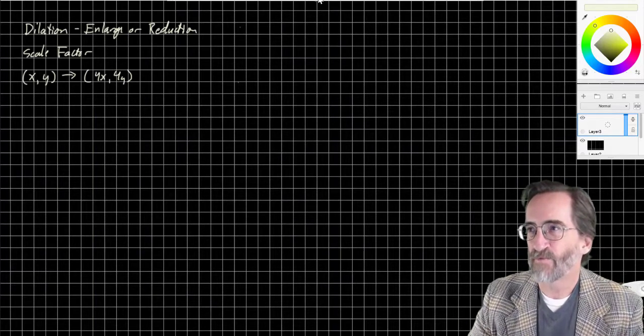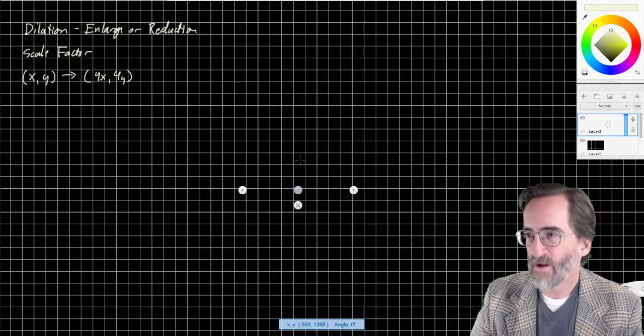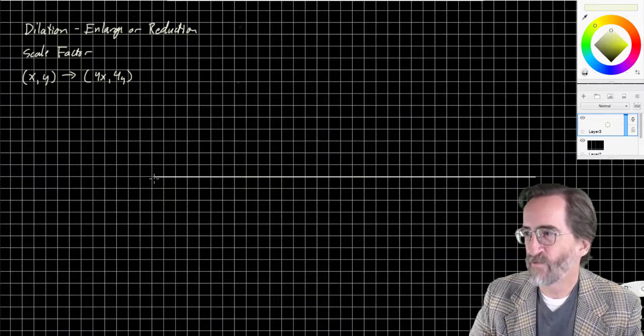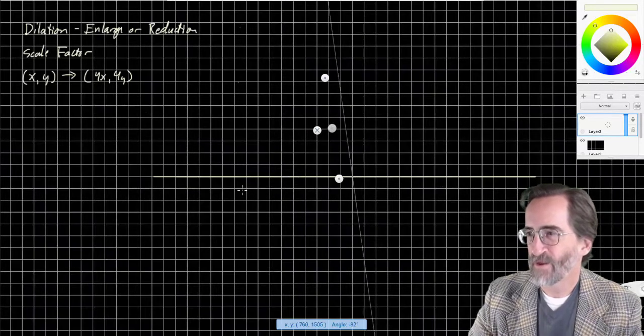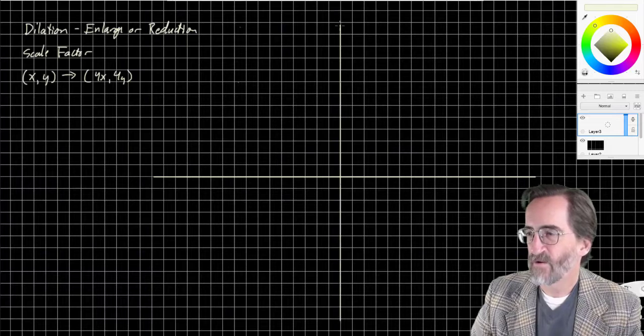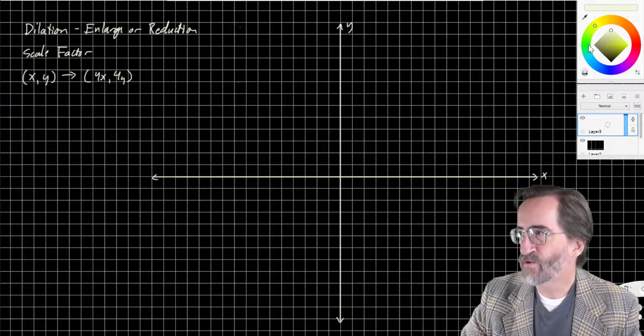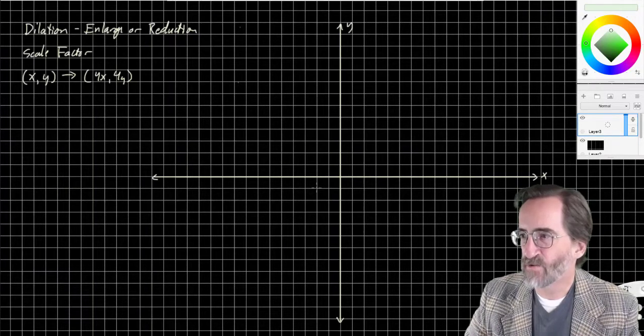Let's do an example. So here we go. Let's say we've got an xy coordinate. Okay, and let's put a shape on the screen here, right here.